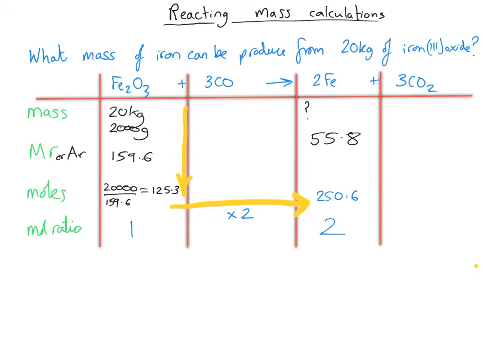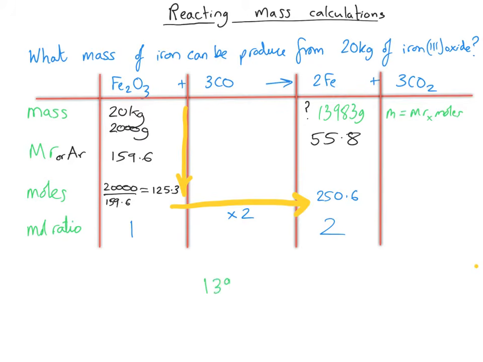Now, we know that mass is moles times by MR, mass equals Mr, moles. And so our final job then to work out the mass of iron is to multiply 55.8 by 250.6, and we get 13983 grams. Now, our final answer shouldn't really be to 5 significant figures, it should really be to 3.